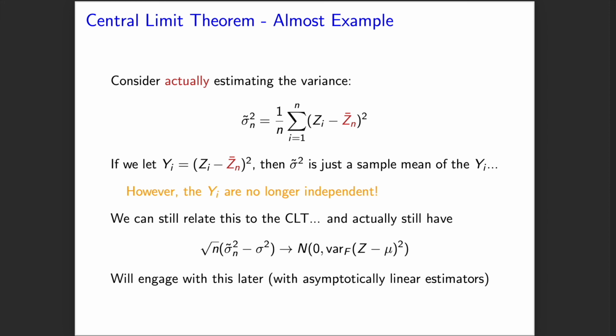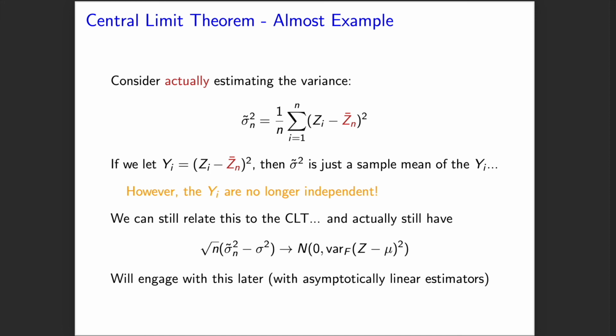So again, it is a sample mean of these y_i, however, the y_i are no longer independent. All of these y_i have that z bar_n quantity that is random in them. So that couples all of our y_i. So we can no longer directly say, great, the central limit theorem gives us this result we had before.